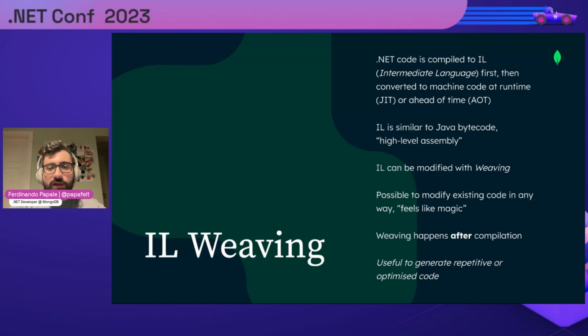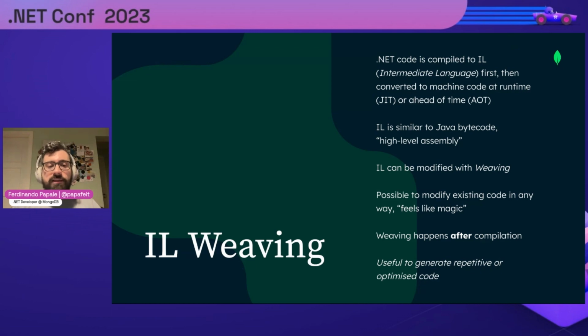Otherwise, it gets converted to machine code ahead of time if you're using AOT. In general, you always have this intermediate step with IL, that looks very much like high-level assembly, and it's similar to Java bytecode, if you have experience with that. We will see in a moment how it looks, just to have an idea.